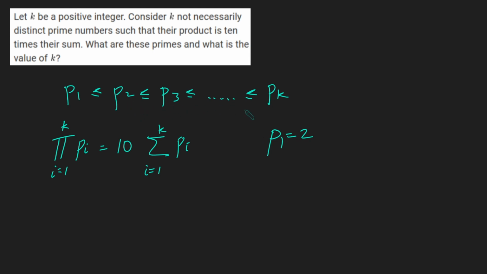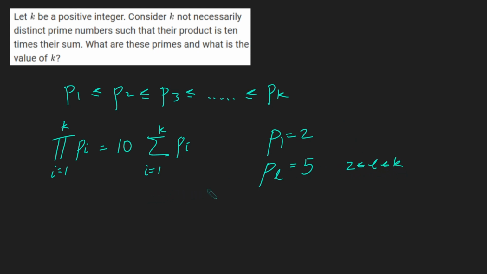It could be later down the list. If, let's say, P1, P2, and P3 could all be 2, for example, and then maybe P4 is 3, and then maybe P5 is 5. So we don't quite know which one is 5, but we can say that it's somewhere. So we may as well say PL equals 5. And obviously L has to be somewhere between 2 and k.